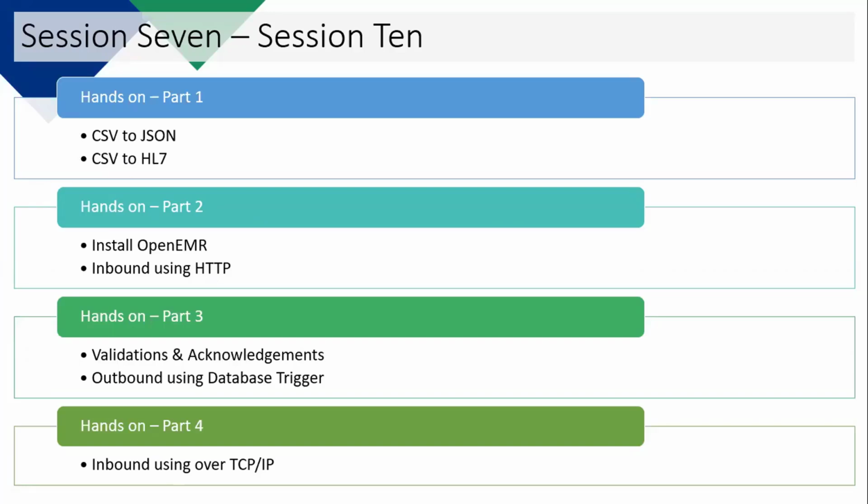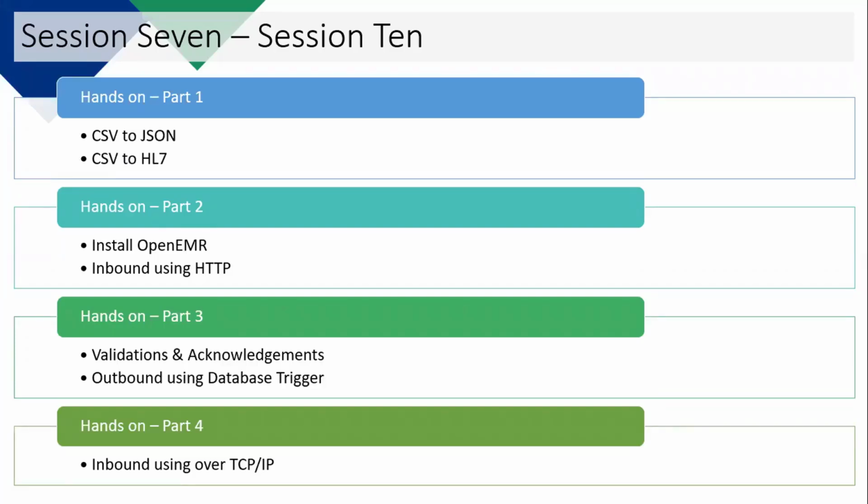And while we write validations, that is the time you are going to understand positive and negative cases. And after which, we are going to create an outbound channel which will be using a database trigger.